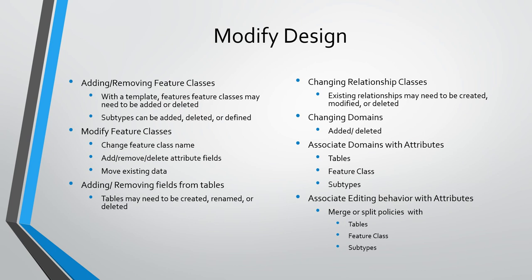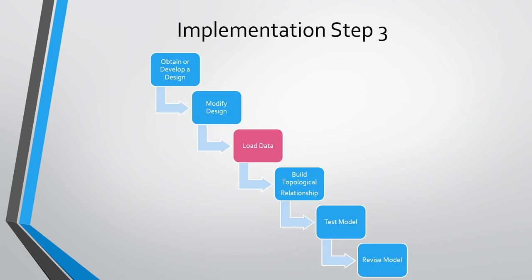You might be changing relationships or getting rid of relationships or creating relationships, maybe adding or deleting domains, adding tables, feature classes, subtypes, or merging or splitting policies with tables, feature classes, and subtypes. So, while you're modifying your design, a lot of these things are going to apply.